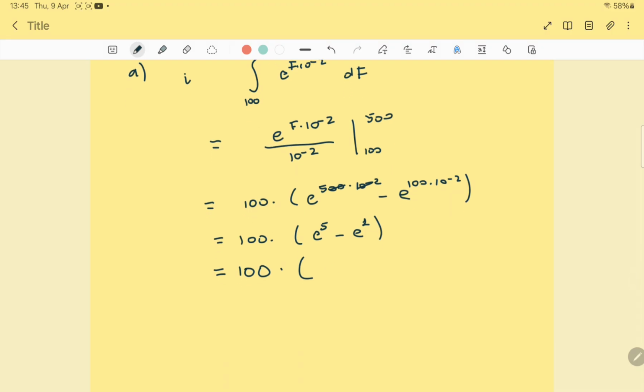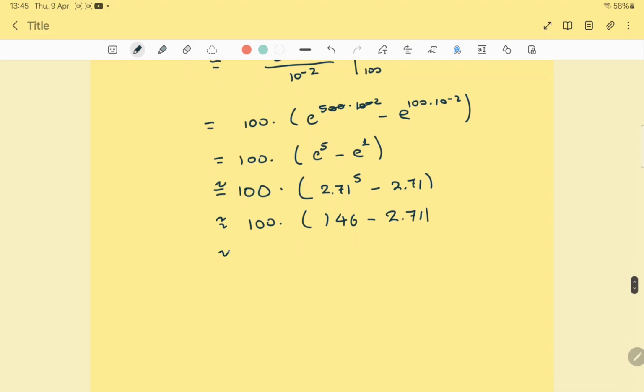What is e to the power of 5? It's going to be roughly 2.71 to the power of 5 minus 2.71, okay, just an approximation. 2.71 raised to the power of 5 gives me 146 roughly, 146 minus 2.71, these very ugly numbers.